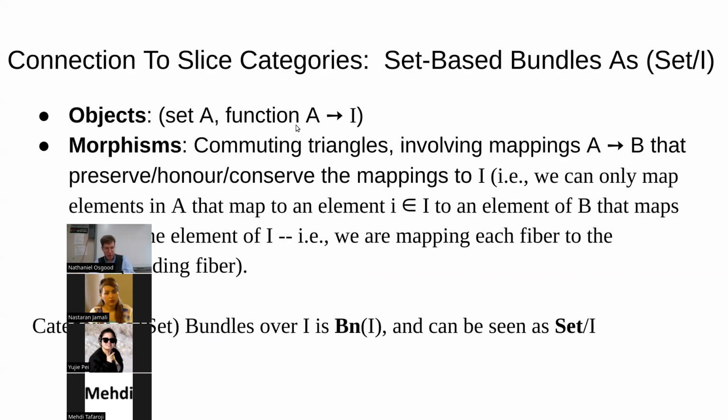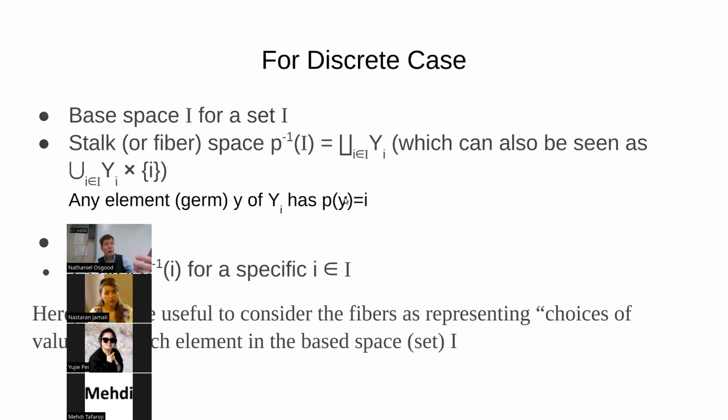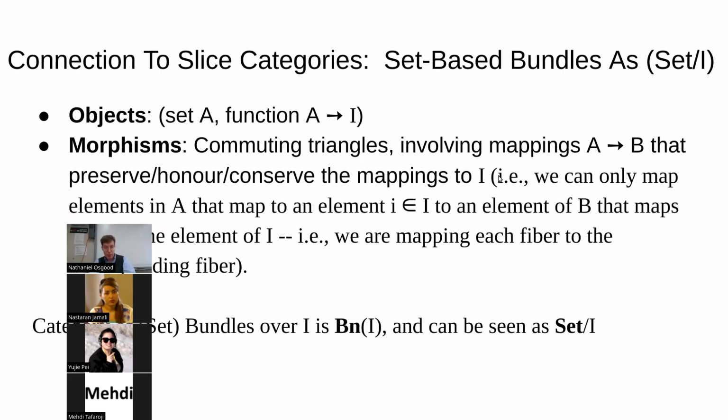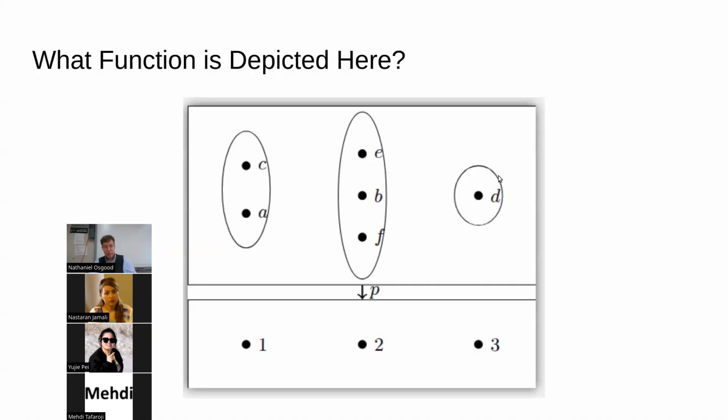Maybe a morphism, maybe not a function. I think it's a morphism more generally. And then morphisms in this category Bund involve mappings from A to B that honor the mappings to I. So this should remind you very much of the slice idea, where we're honoring and preserving this mapping structure when we map between the fibers.